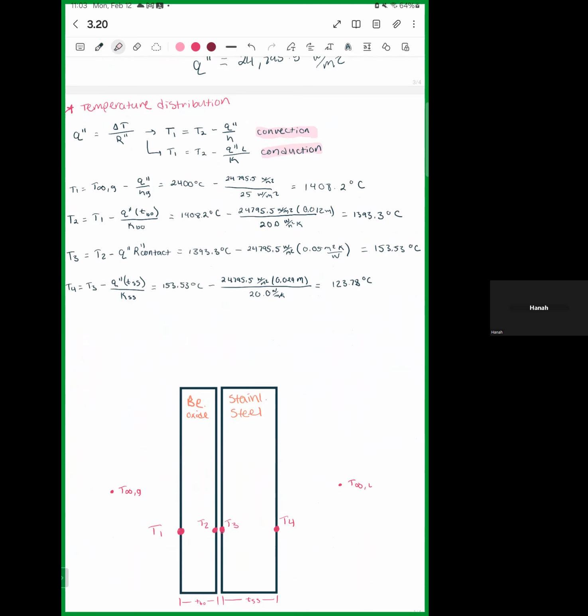As you can see, it's just T1 equals T2 minus Q double prime over h for convection, and T1 equals T2 minus Q double prime times L over k for conduction.